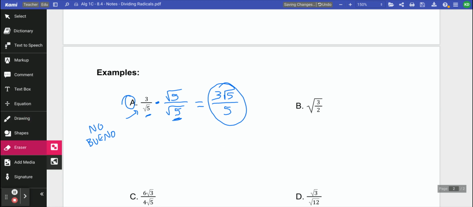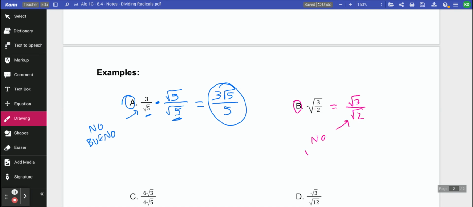So let's move on to B. This one is radical 3 over 2. The whole thing is in the radical, so the first thing we're going to do is break that up and make radical 3 on the top, radical 2 on the bottom. Both parts are in radicals, that's okay. Now this is no good, no bueno down here.